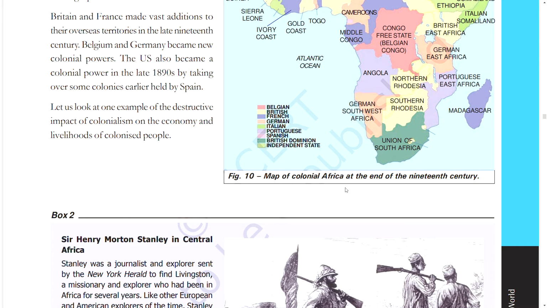Figure: map of colonial Africa at the end of the 19th century. Belgian, British, French, German, Italian, Portuguese, Spanish, British Dominion, independent state.